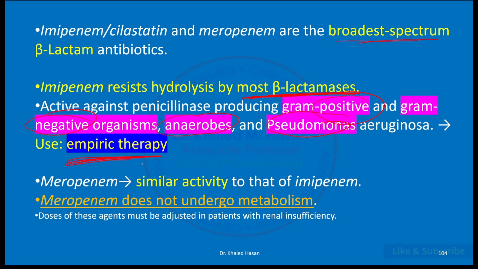When some medication is not active, this will be the alternative, or you can prescribe it without a blood culture or cell culture or tissue cultures. We already covered that meropenem does not undergo metabolism, and there is no risk of nephrotoxicity.